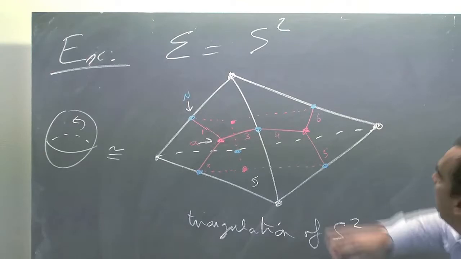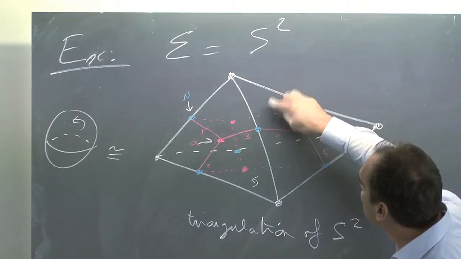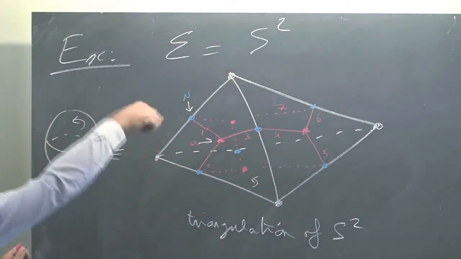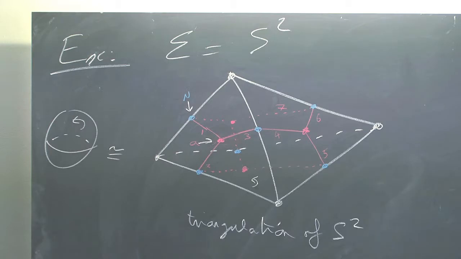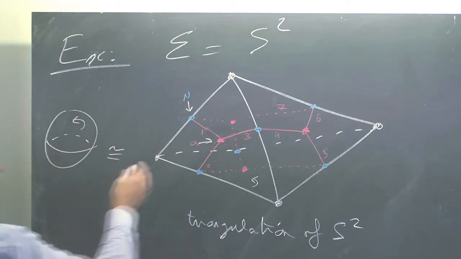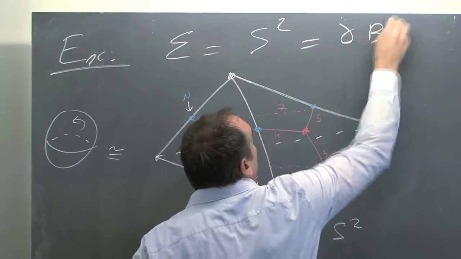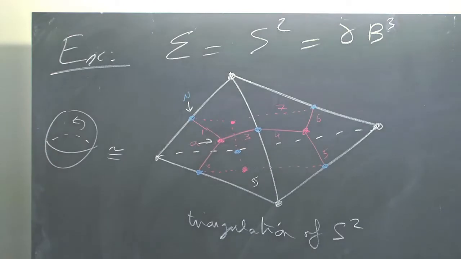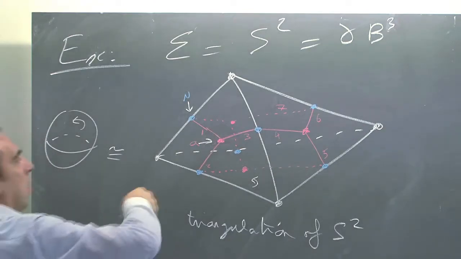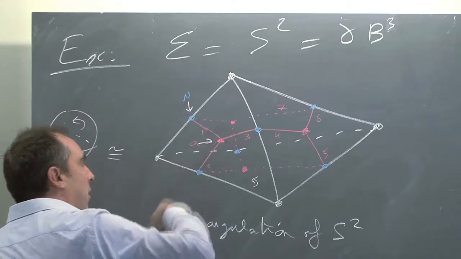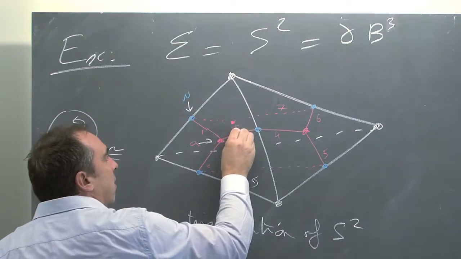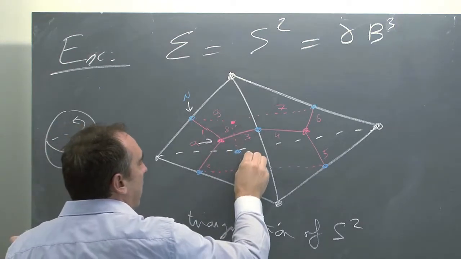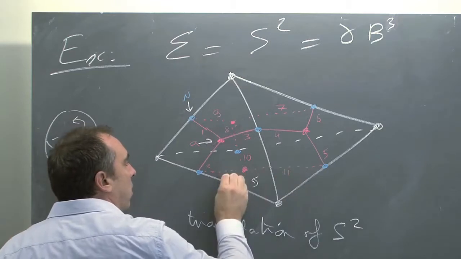So here, for example, I take 6 here. So 7. Now the orientation: I see the sphere as the boundary of B3. I use the outgoing orientation. So the outgoing orientation this way, we turn this other way. So 8, 9, and then 10, 11, 12.